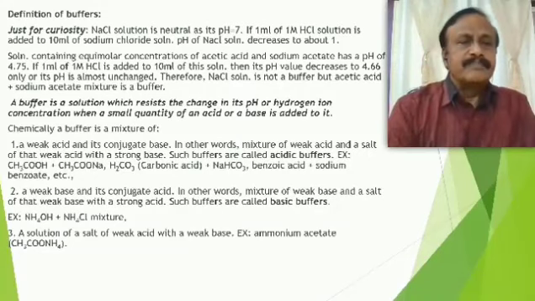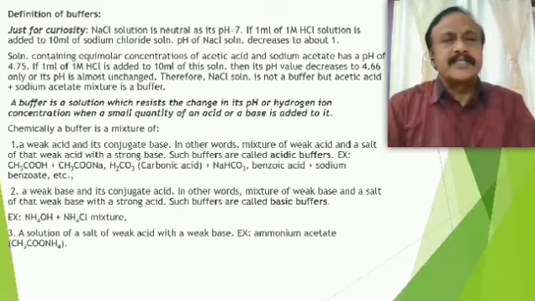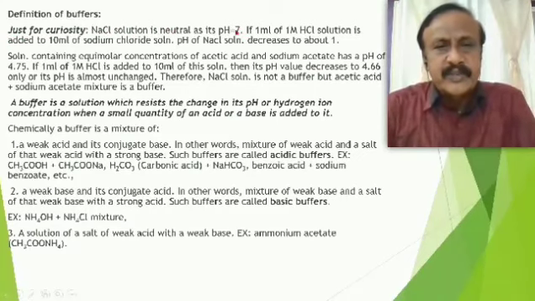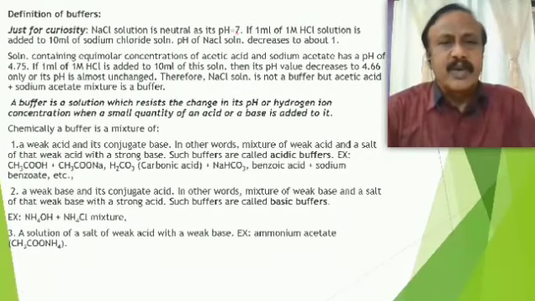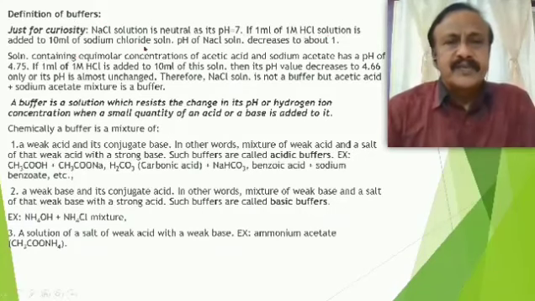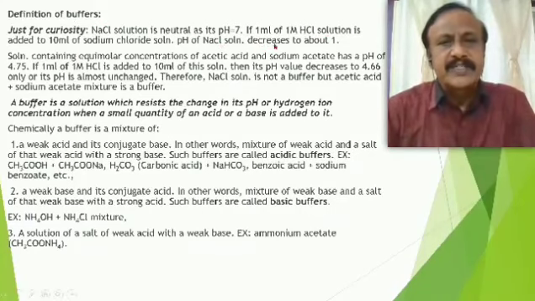Now, what are buffers? Just for curiosity, take sodium chloride solution whose pH is 7. To this sodium chloride solution, which is also known as common salt solution, if 1 ml of 1 molar HCl solution is added to 10 ml of sodium chloride solution, the pH of the NaCl solution decreases to about 1.